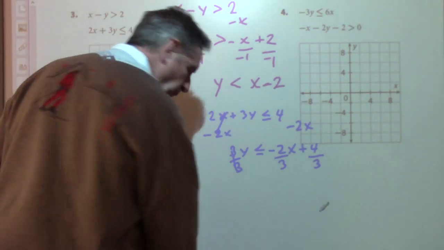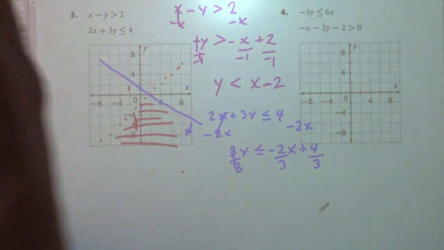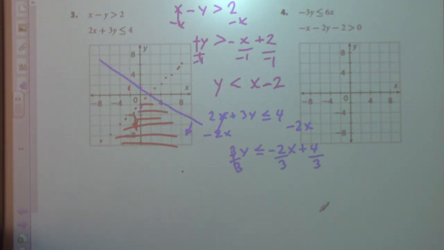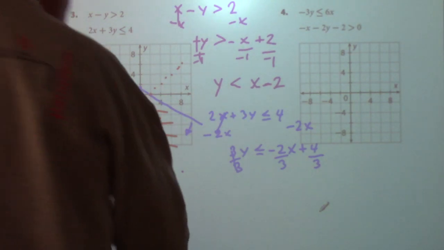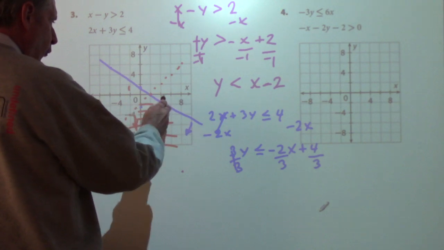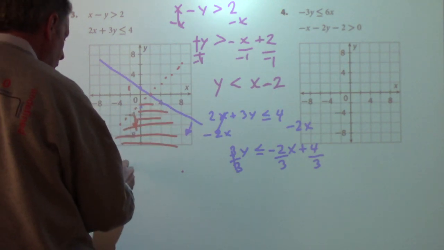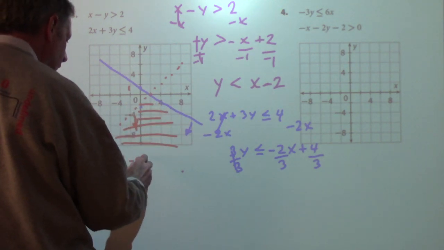Okay? And so what are 2 points that are in that area there? 4, -8. So 4, -8 looks good. And where else? 0, -8.